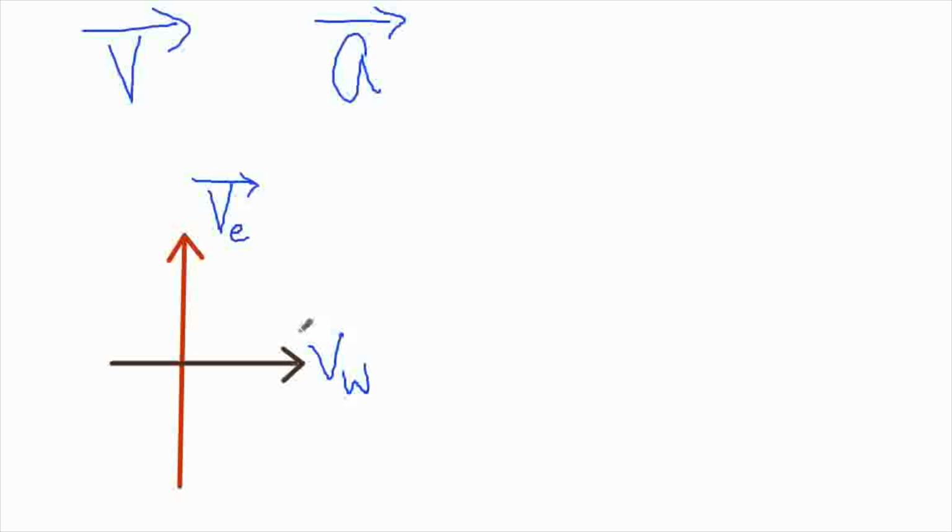So we'll call that VW for the wind vector, wind velocity. So the engine is giving a velocity, and the wind is imposing its velocity onto the ship, you could say. So then the question is, if you have the engine and the wind affecting the ship at the same time, what direction, what total velocity is the ship going to have?